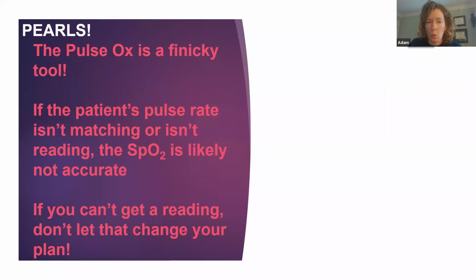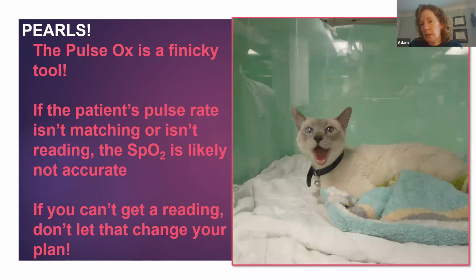If it doesn't, or the pulse ox isn't reading, or you're getting a crazy number, it's probably not accurate. And I always tell people, if you can't get a reading, don't let it change your plan. If your patient is breathing like this, they need to go in the oxygen, even if it says their pulse ox is 100. So, keep in mind the value of the tool in combination with what it's telling you and what your patient looks like.